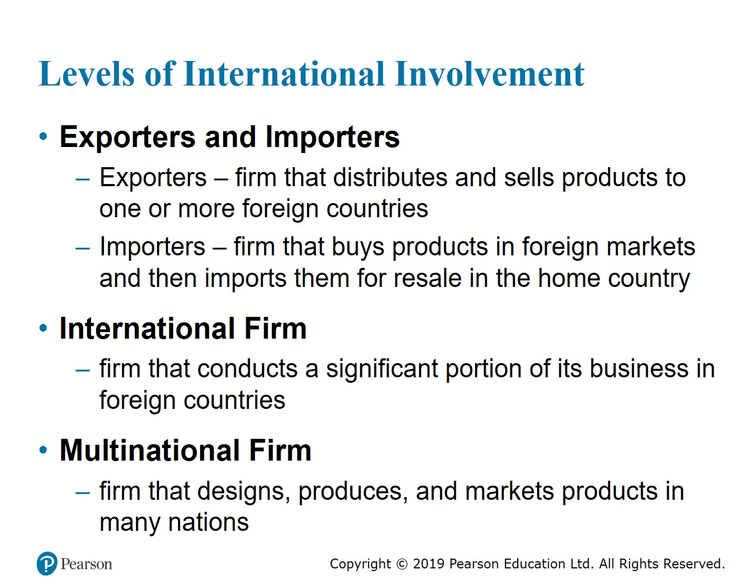As compared to that, the third level of international involvement is the multinational firm, a firm that designs, produces, and markets products in many nations. As the name suggests, these companies have direct operations in more than a single country.